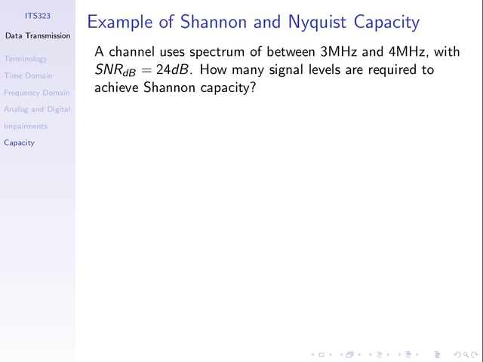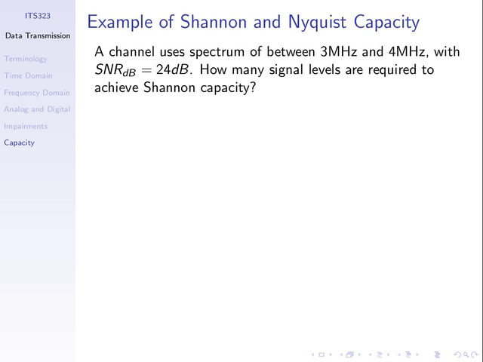So we know the capacity of our channel and the bandwidth; how many levels do we need at minimum to be able to support that capacity? Then use the Nyquist capacity: if we know what capacity we need, and we know the bandwidth, then we can determine the number of levels that we need to achieve that capacity.